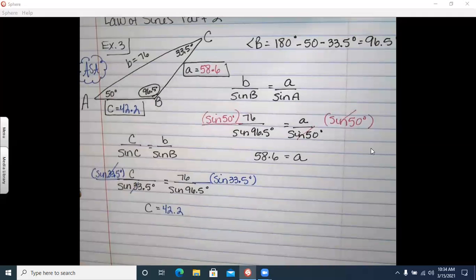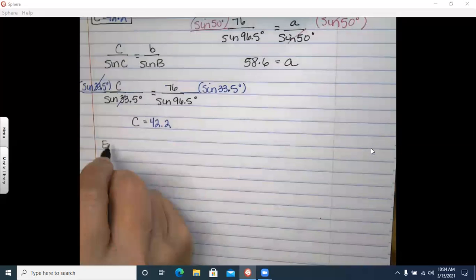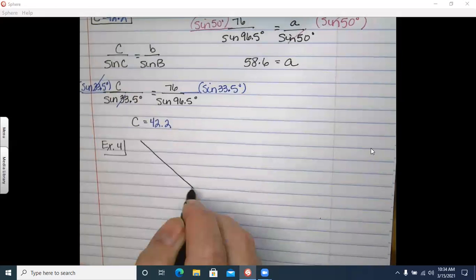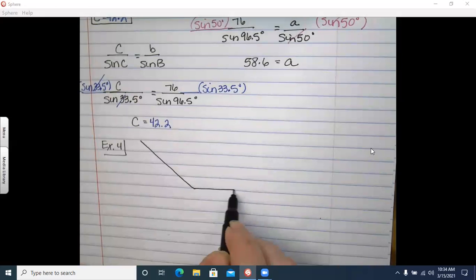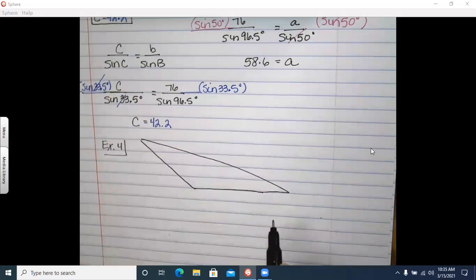Okay, I'm going to let y'all do the last one on your own. Make sure we're all good. If you weren't here last class, you will want to watch the video and take the notes from what you missed. So I want you to solve this obtuse triangle. We're given angle A is 40 degrees.